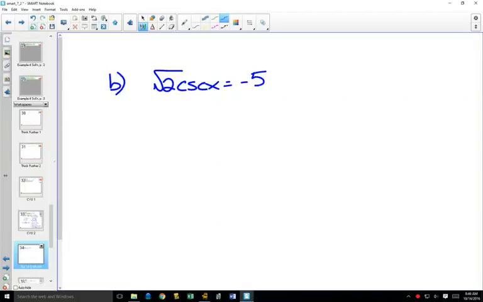So just like we do with cosine or tan, the functions that we're used to, we start off by getting our trig function by itself. So I'm going to divide both sides by root 2, so I get cosecant x by itself.